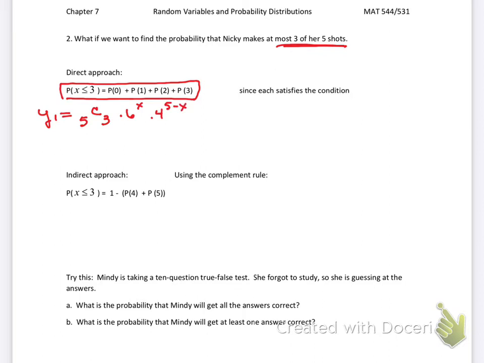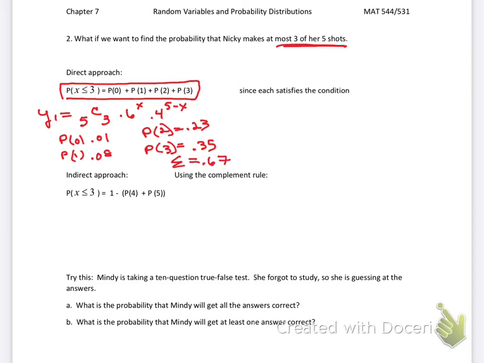And then you go to your table and you get to read out the probabilities, which I'm going to write down here: probability of 0 is 0.01, probability of 1 is 0.08, probability of 2 is 0.23, and probability of 3 is 0.35. Okay, so you're going to sum those up, and your sum will be 0.67.